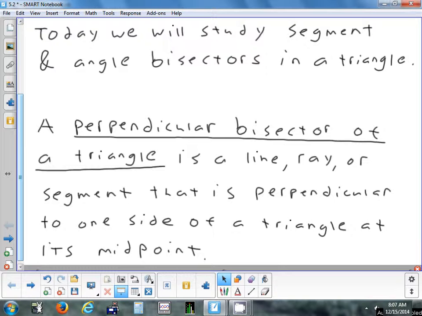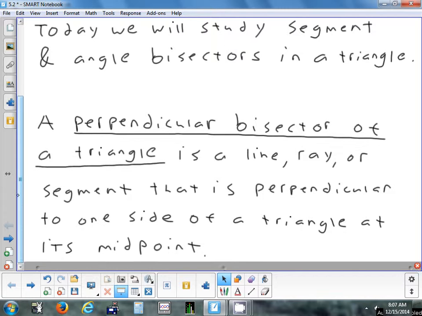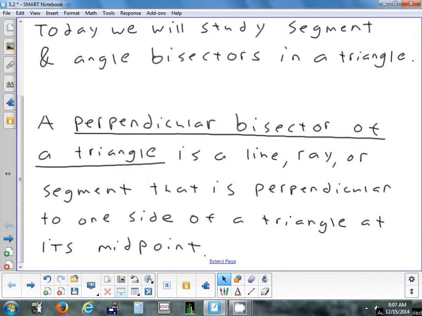Remember, the midpoint is the halfway point on a segment. Any question on that definition?